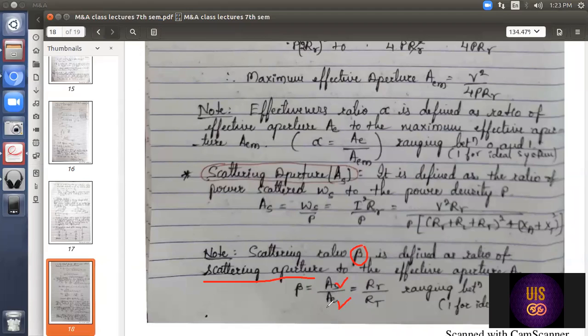Okay, how much it is scattered, then remaining will be your, after losses also, we will get effective aperture. Again, the range of beta, it is between 0 to infinity. Here it is 0 to 1, and for ideal systems, for an ideal antenna, the value is 1. Beta is equal to 1.